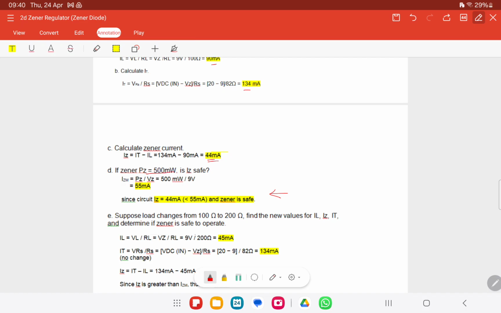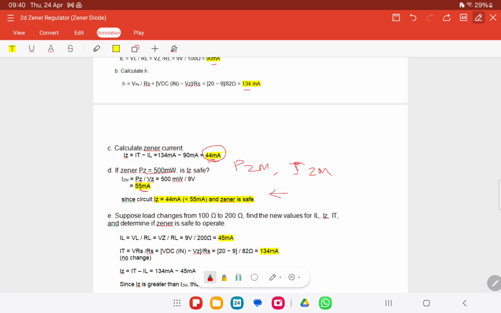Once dia bagi the power, then you can get the IZM, because dia bagi PZM. Okay, so you get the value of IZM. Tapi just now you already have the value of IZ. So what you can do next is you compare.